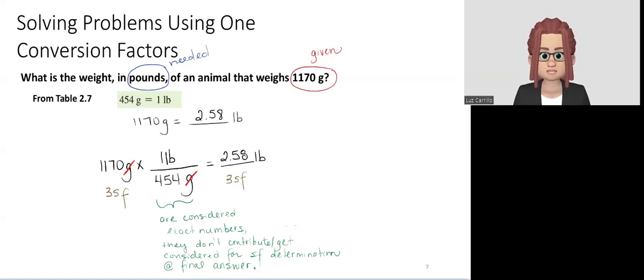And this is how you perform at least a word problem when we utilize one conversion factor. In this case, we are deriving our equality from table 2.7. Let's do another practice problem.